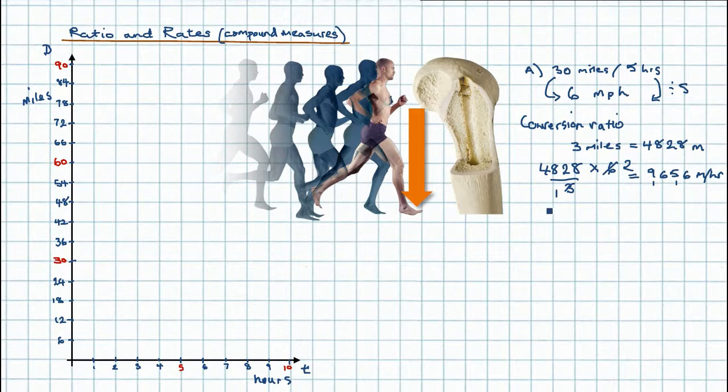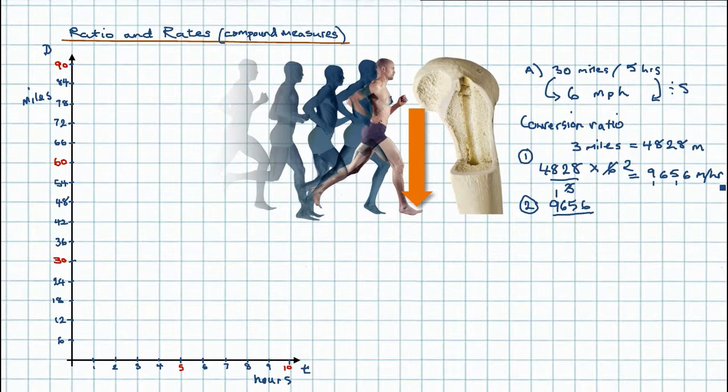To get meters per second, I need to do another step. Okay, so if we call this step 1, now let's do step 2. So how do I get per second? Well, I've got hours. It's safer perhaps if I go down to minutes. So that would be 9,656 going down to minutes.